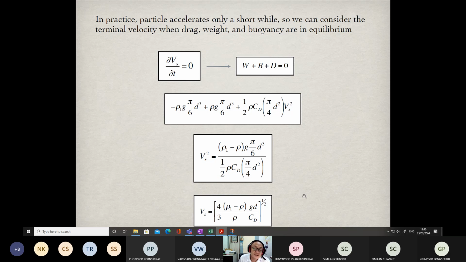The settling velocity squared equals 4/3, where rho s is the density of the solids and rho is the density of the liquid, times g d divided by CD. CD is the coefficient of drag.